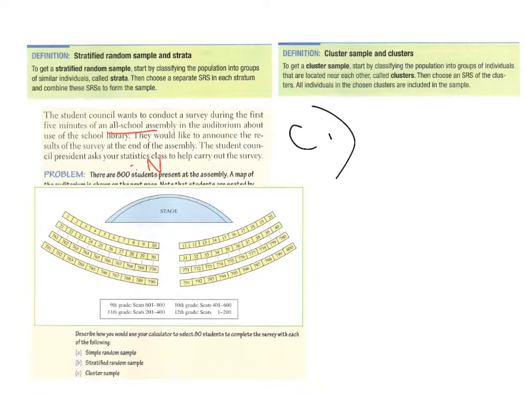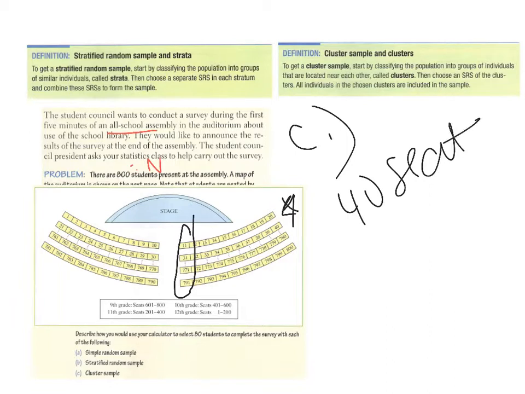To do that, we do not want to use the rows that go side to side, because you'd only be sampling freshmen or you'd only be sampling seniors. We would need to use the columns that go back like that. Seats 11, 21, 31, 41, 51, 61, all the way up through. If you follow the column all the way back, you get 40 seats.